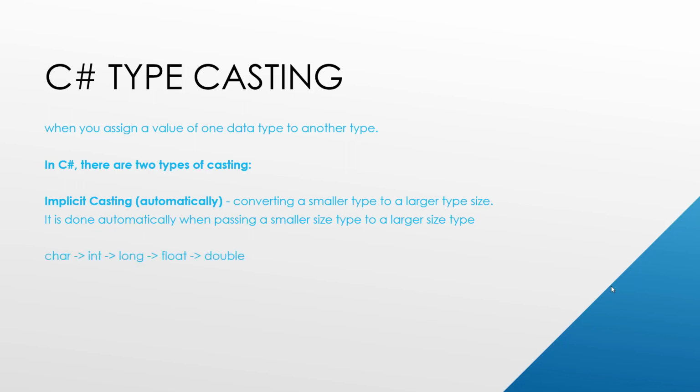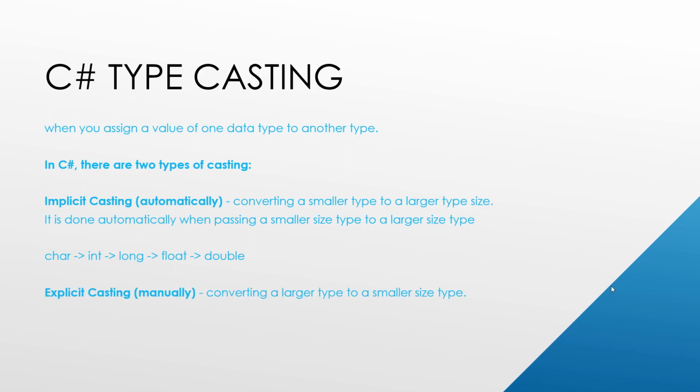Like if we assign char to int, it will automatically convert, meaning it is implicit casting. In the same way, if we assign int to long, that will also be implicit casting. If we assign long to float, it will also be implicit casting.